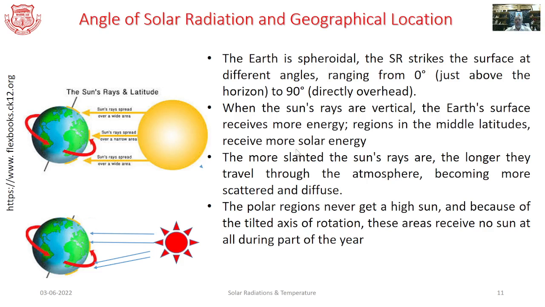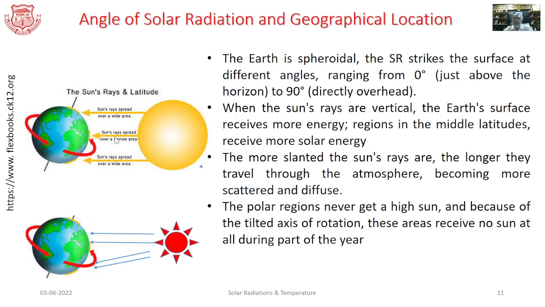We discussed the geographical location and the angle of solar radiation reaching that particular location. Some of the things can be summed up as the earth is spheroidal and the solar radiations strike the surface at different angles ranging from 0 degrees just above the horizon to 90 degrees, that is directly above the head.